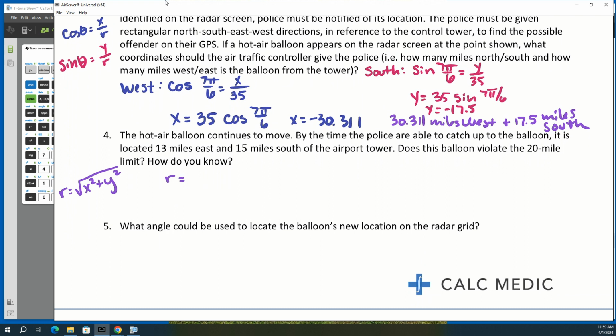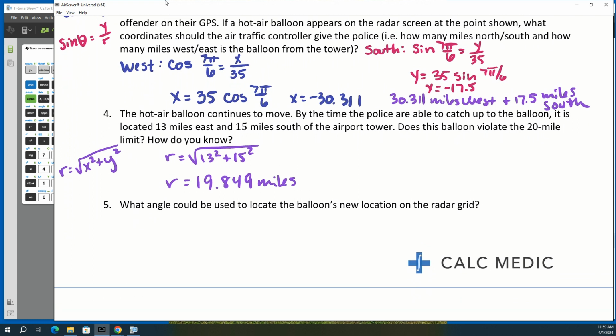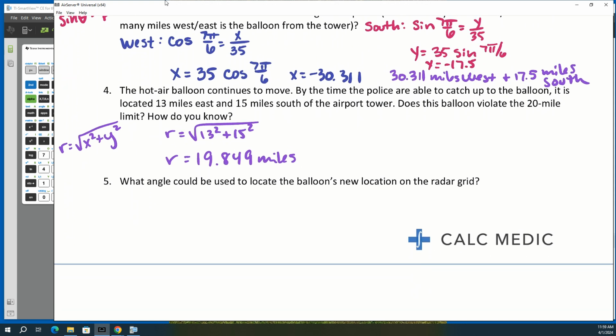So r is going to be the square root of 13 squared plus 15 squared. And that's 19.849 miles. So it's drifted too close. That's why they start keeping an eye on it. So yes, this is a violation.